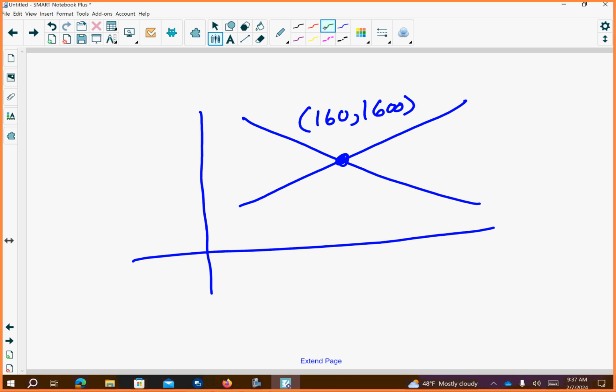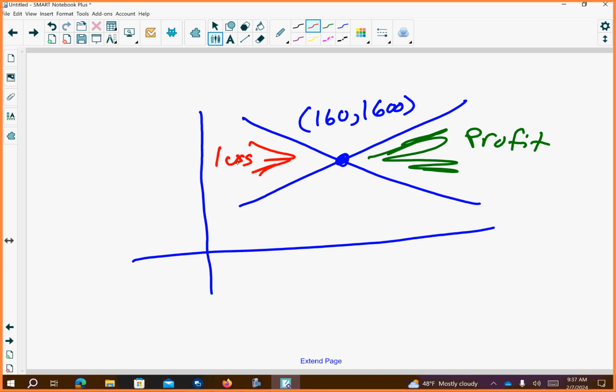So the region over here, this is our profit region. So if we make anything within that region, any of those points is going to give us profit. And over here is our loss. And those are really the only two that we're dealing with. So if I produced here and here, I'm losing money. If I produced here and here, I'm making money. If I produce exactly there, well, let's face it, if I run a company and I produce something and I don't take a loss, but I don't take a profit and I make nothing, I don't know how long you can keep your doors open.